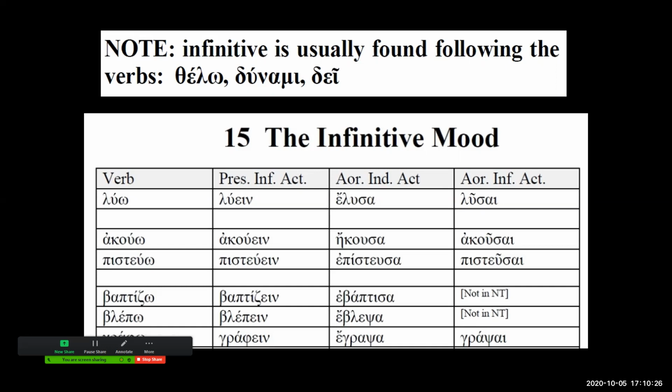It is a middle form, but with an alpha: dunamai, dunasai, dunatai, dunametha, dunasthe, dunantai. But the third person singular is by far the most common, dunatai. That is the indicative mood. That is the present tense. God is able is a common statement in the New Testament, and it is simply ho theos dunatai. God is able. Or it could be a person who is able, but it is often used with God. God is able.